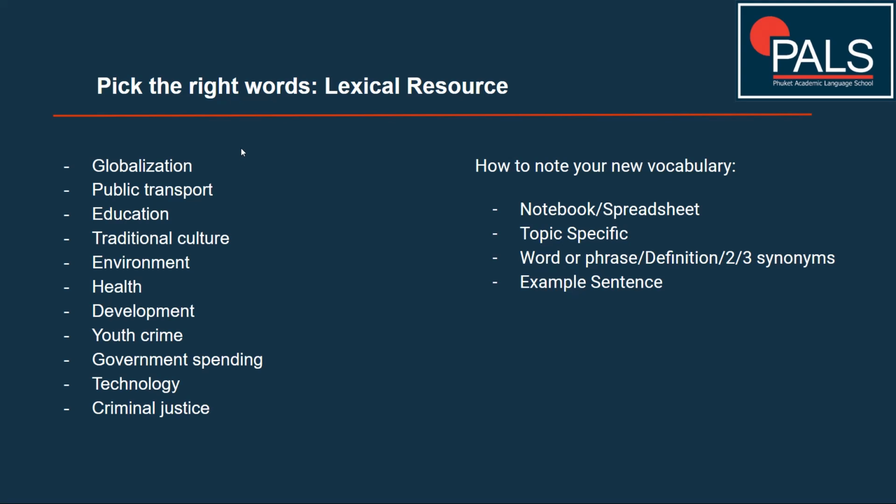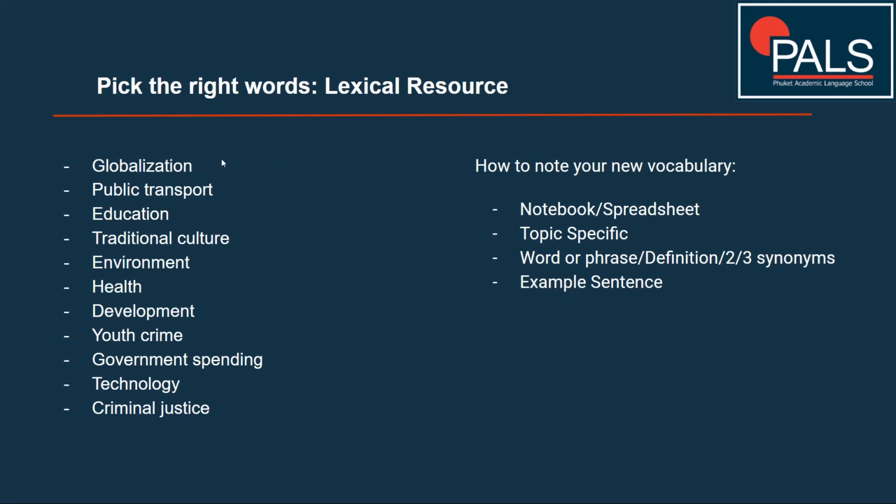What I advise students to do is use these common topics to make a notebook or a spreadsheet for lexical resource. And I'll chat a little bit about how I advise my students to do this and what works best for them.